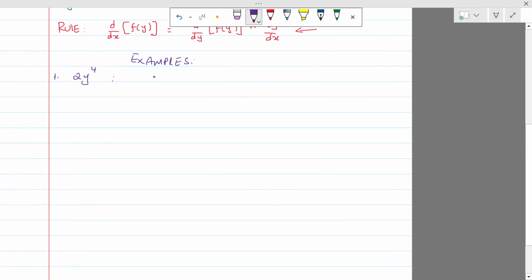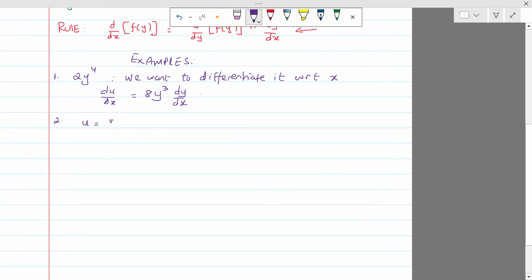If we want to differentiate it with respect to x, I write du by dx: I take the 4, bring it down, this becomes 8. And when I differentiate, 4 minus 1 gives 3, but then I'm going to just write dy by dx with it. And that's it.